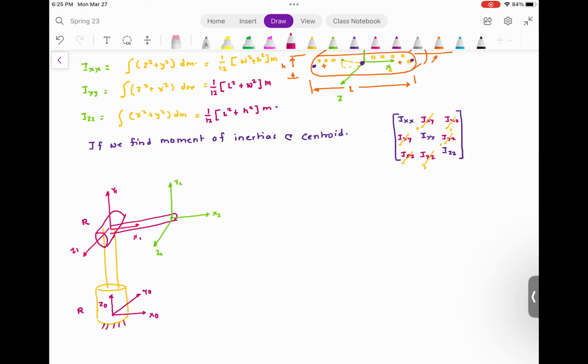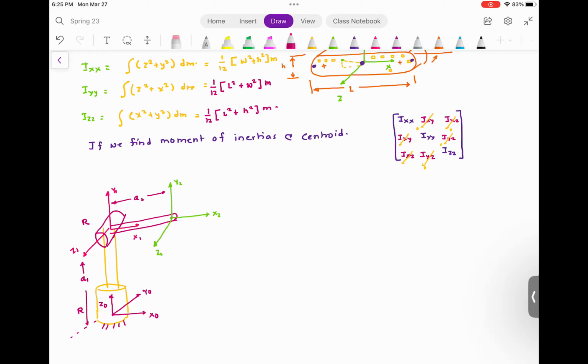So this is the diagram. Now this distance I'm going to call A1, and this distance is called A2.